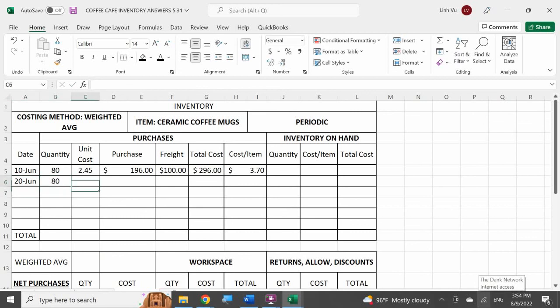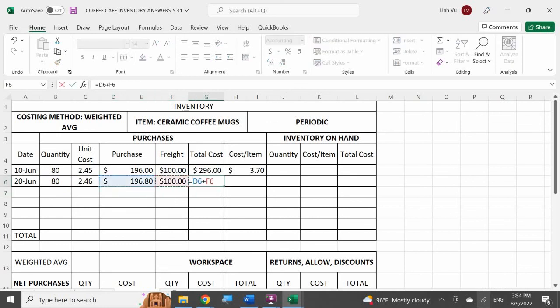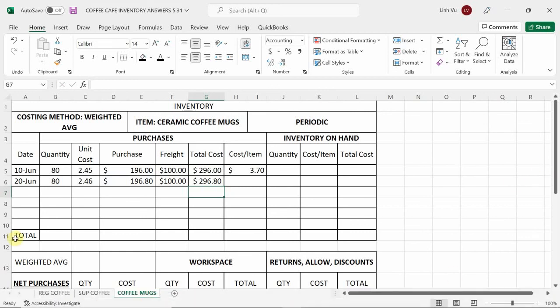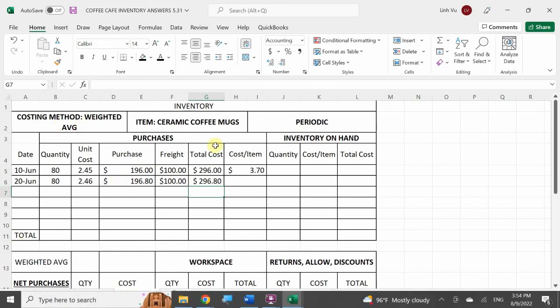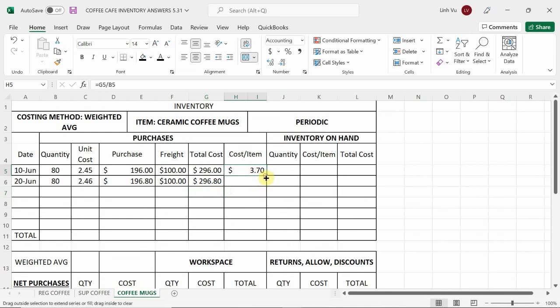So we got 80 mugs at $2.46. $196.80 plus the $100 freight, $296.80. Okay. For practice purposes only, you're welcome to calculate the cost per item. It's not necessary because we are using weighted average, but you would get $3.71.